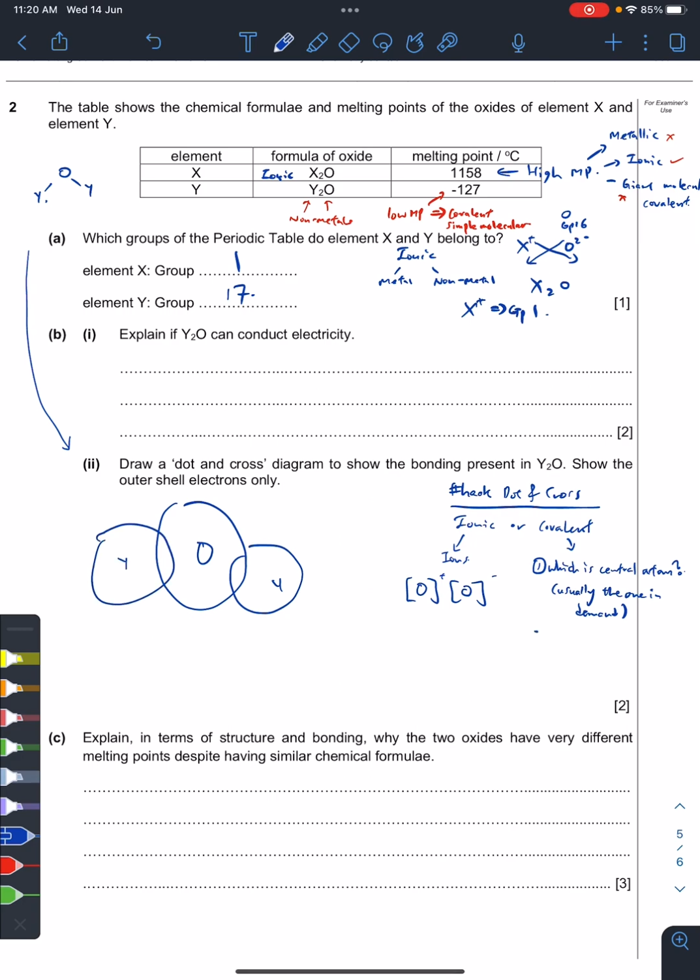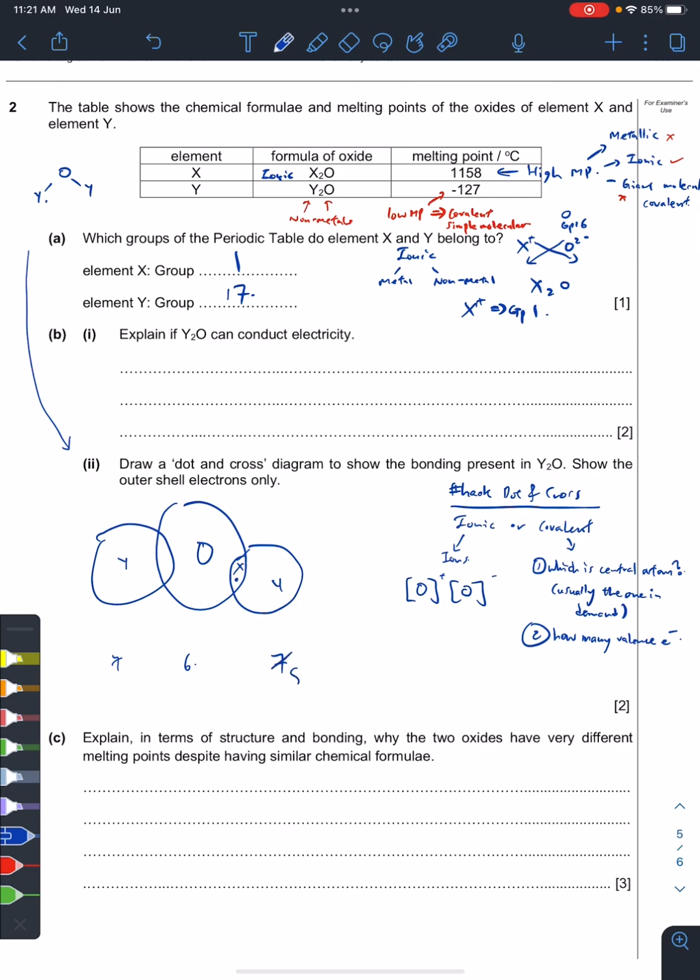Second step, how many valence electrons? If you don't know how many you have, how are you going to know how many you need? So if this is 17, means 7, and 6. If I have 7, I need one more, right? Okay, I form a single bond.